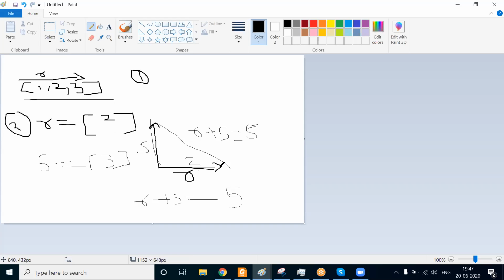Or similarly, if I do s plus r, say this is r and this is s. If I do r plus s or s plus r, the answer is going to be 5, correct?